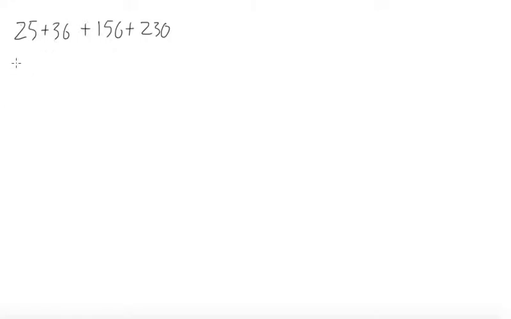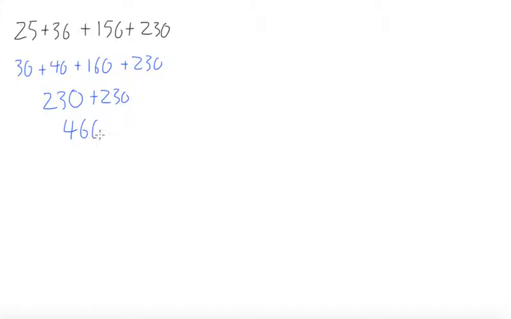Well, we could change this to 30 plus 40 plus 160, and then just leave the 230 by itself. This and this is 70, and 70 plus 160 equals 230. Then we add the 230 to another 230, and that's going to equal 460.